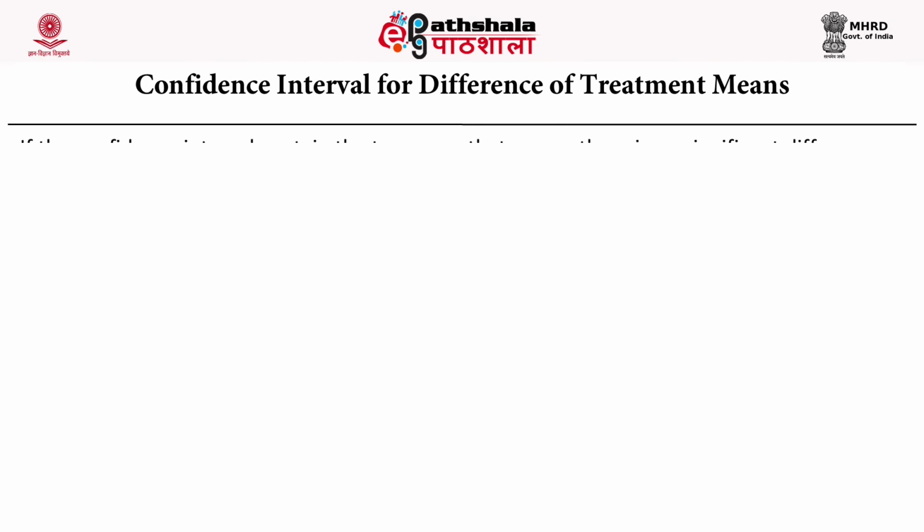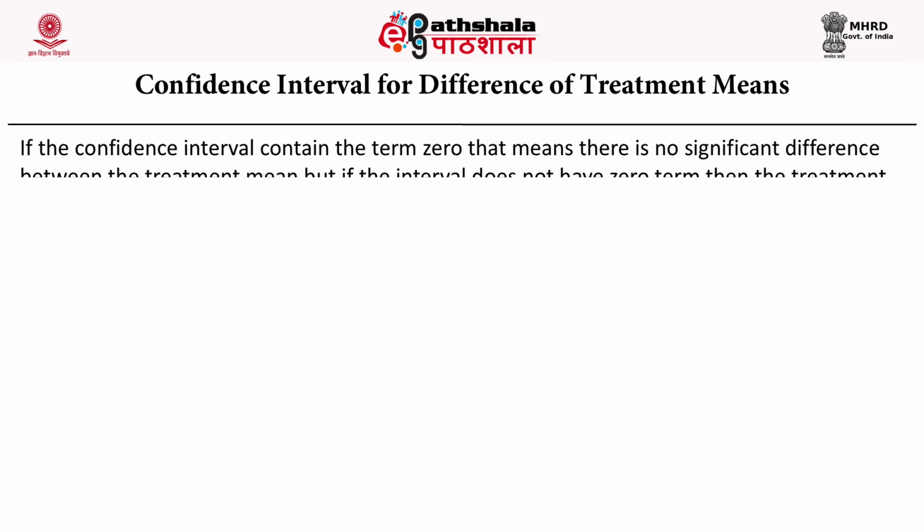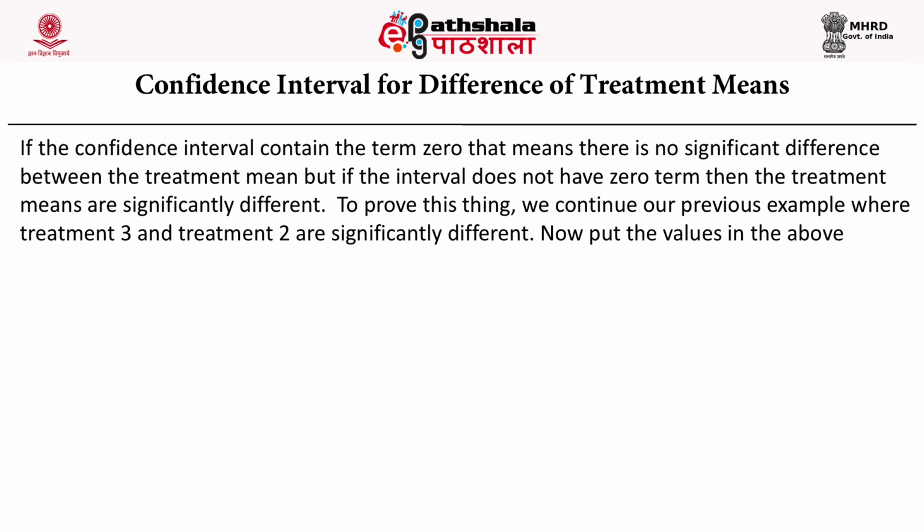So if the confidence interval contains the term 0, that means there is no significant difference between the treatment means. But if the interval does not have 0, then the treatment means are significantly different.